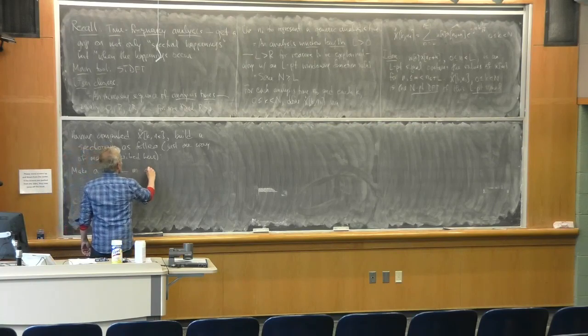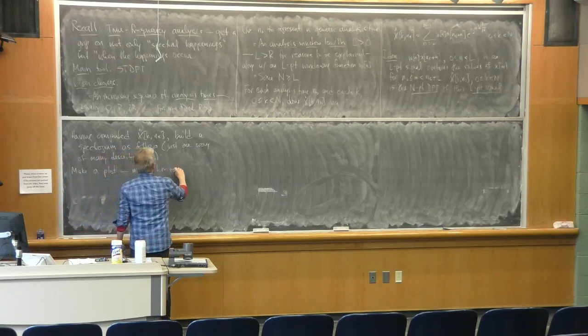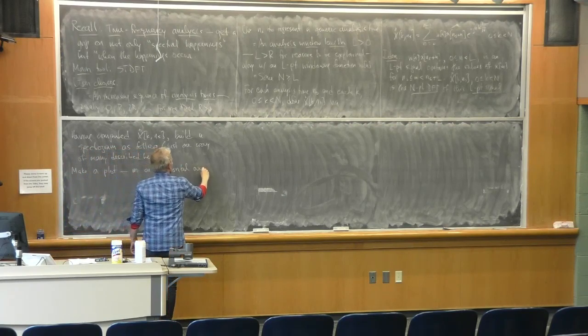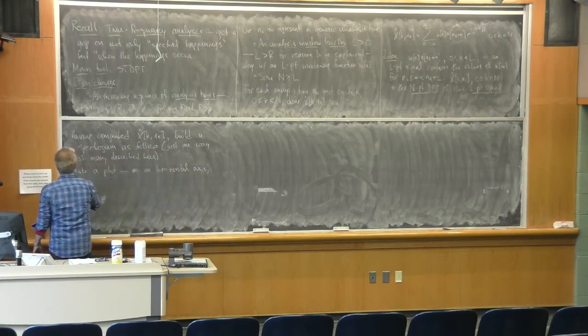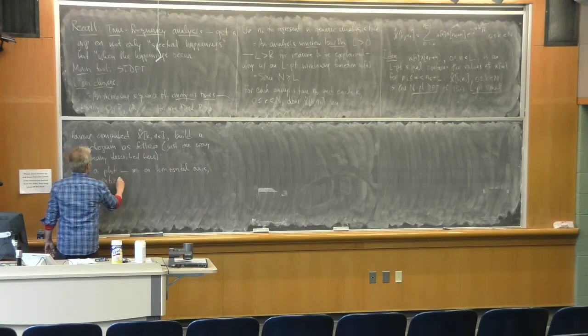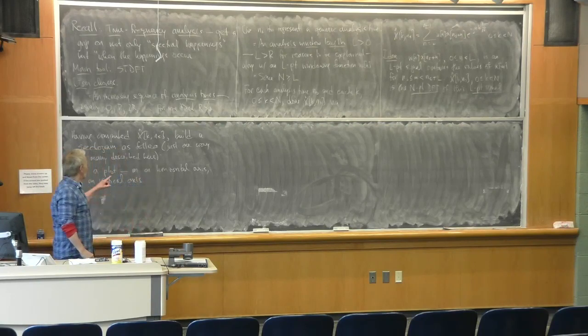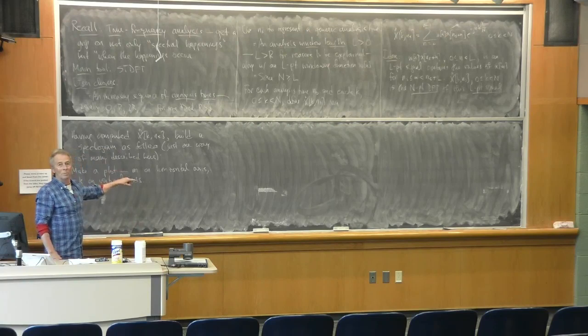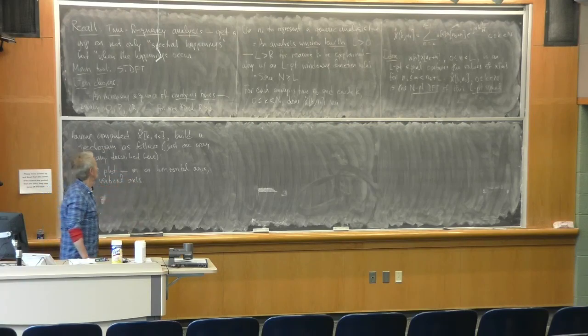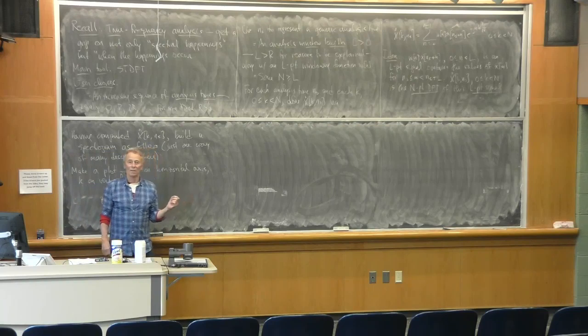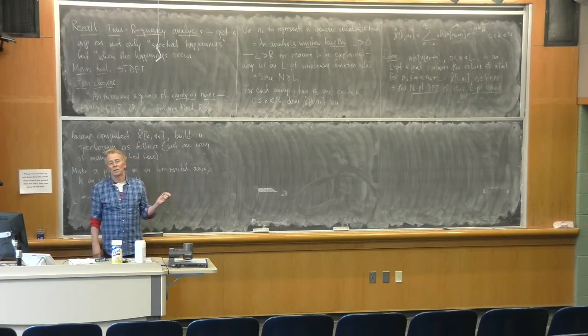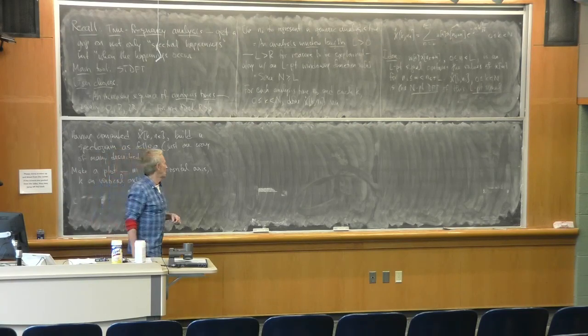What do you put at the m comma k position in this plot? You put a blob, and the blob is just going to be a grayscale thing. It's going to be darker if the number associated with it is higher, and lighter if the number associated with it is lower. So it's a grayscale plot.